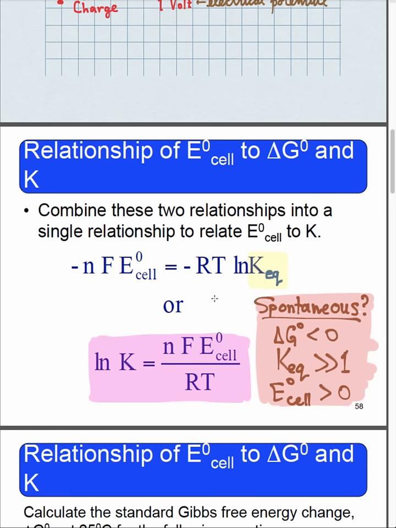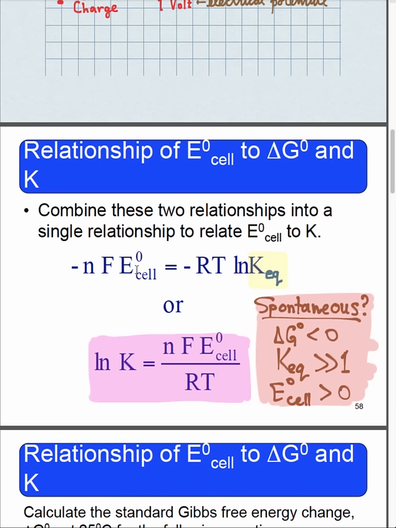If I put those previous two equations together, I get another equation, relating the free energy in one electron transfer and the free energy to an equilibrium constant. So I suppose I could consider every equilibrium to be potentially a redox. Maybe it is, maybe it isn't.